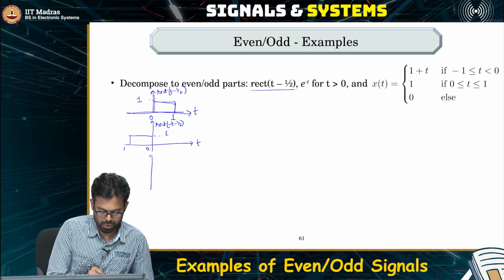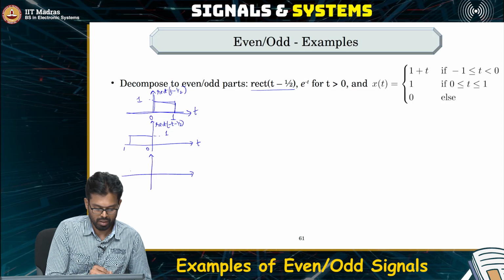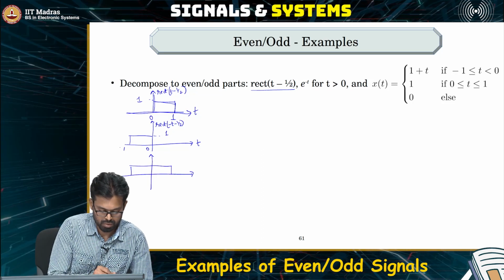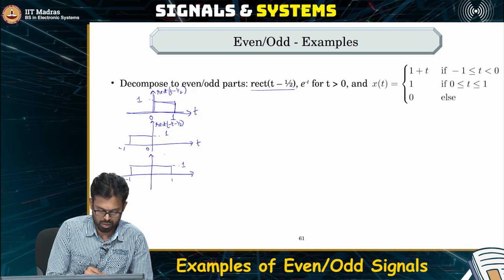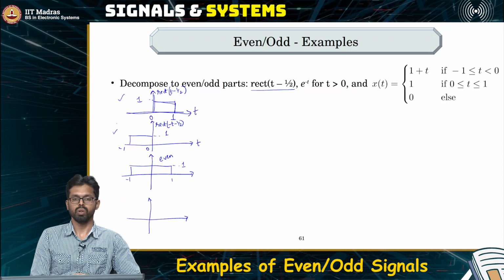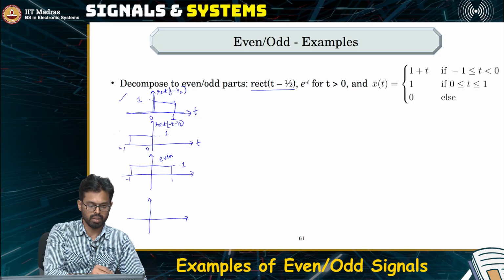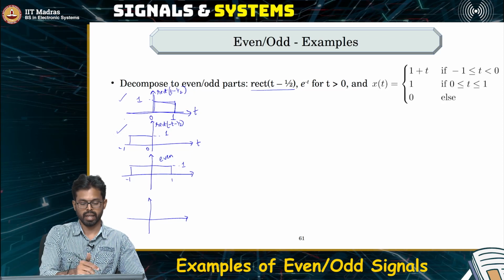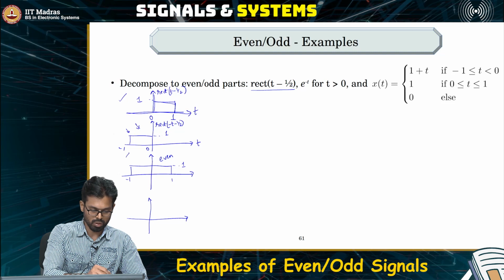Now you add these two and take an average. What you get is the even part. So this is the even component. Now how do you get the odd part? You add this signal with the negative of this signal and then take the average. So when you negate this signal, what do you get? Whatever is here moves to this side.